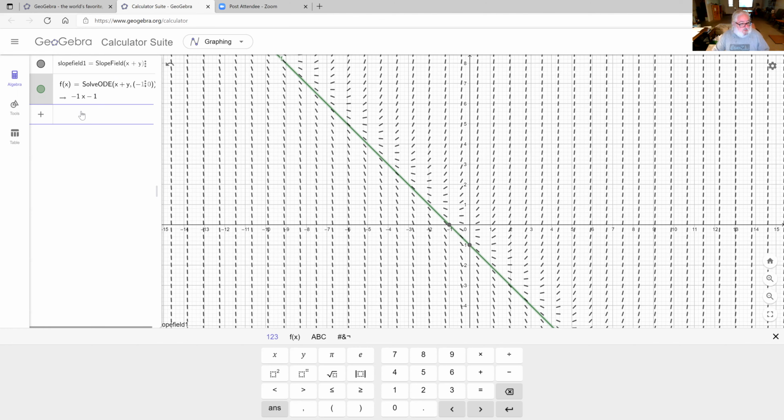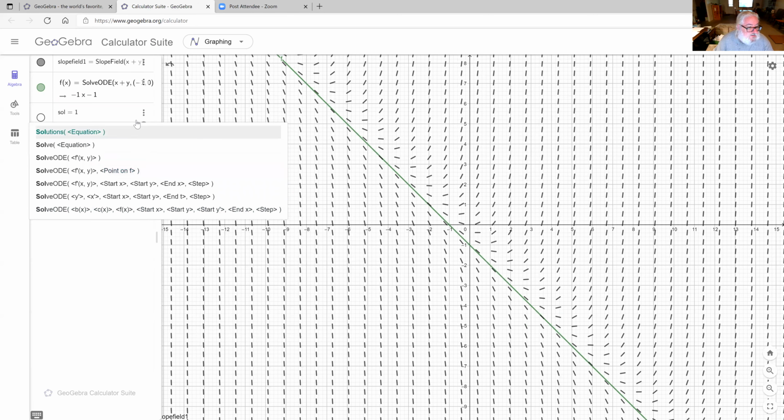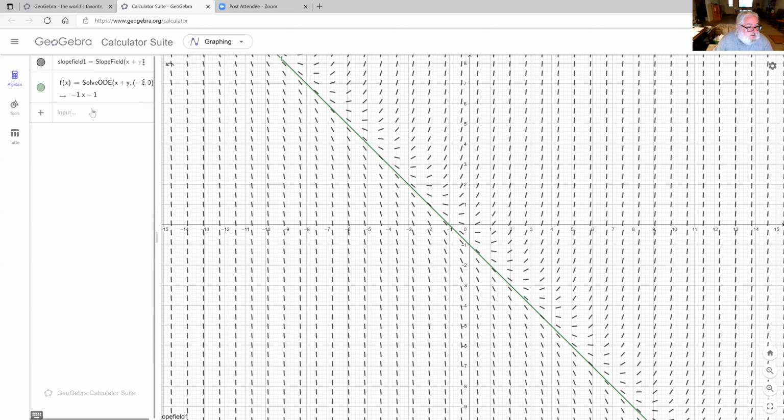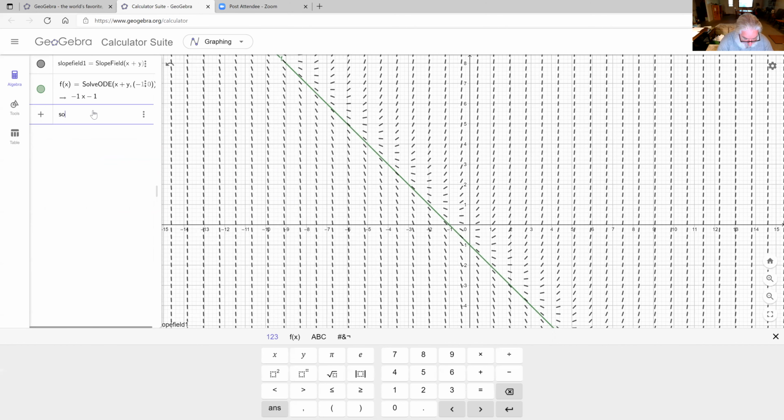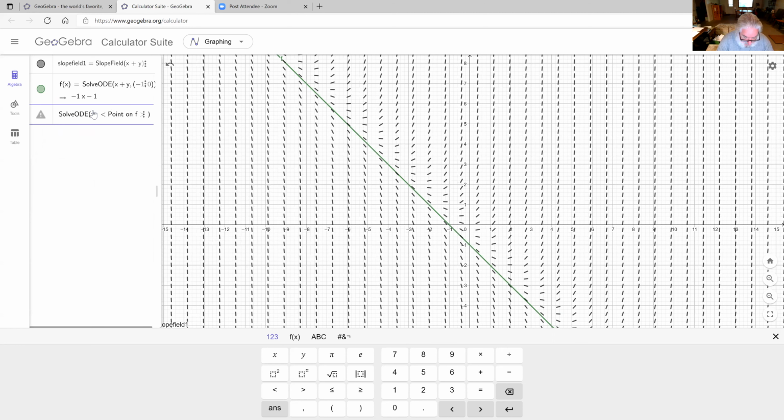And we can choose other starting positions. Keep doing that. Solve ODE, hit enter. x plus y is the right side of our differential equation. Suppose we want to start at the origin. So what does the solution that goes through the origin look like?